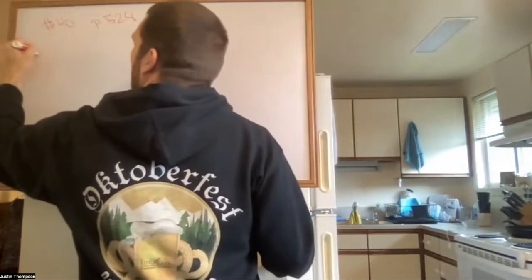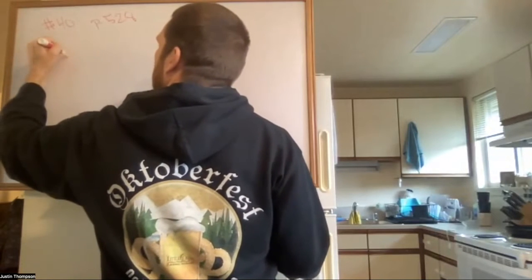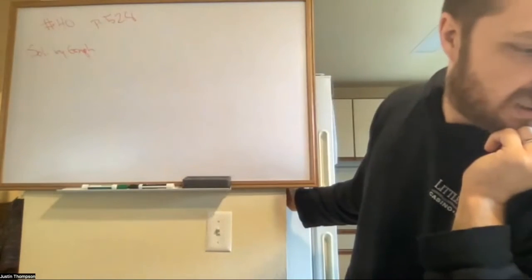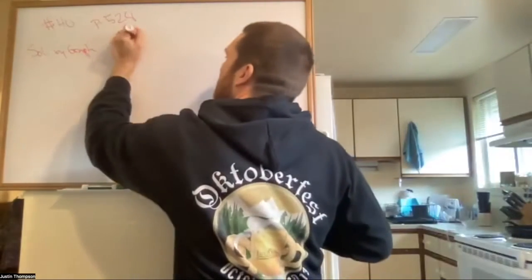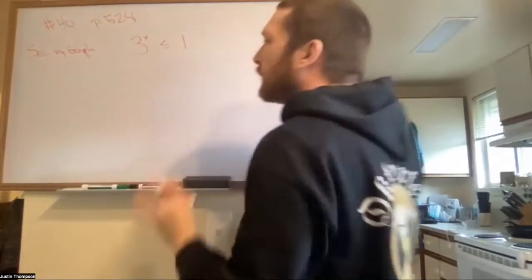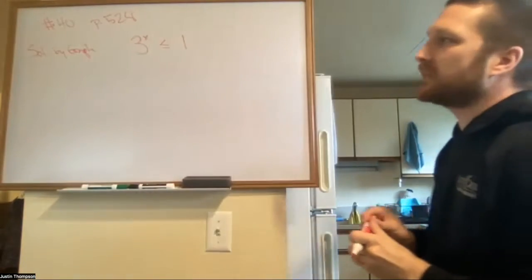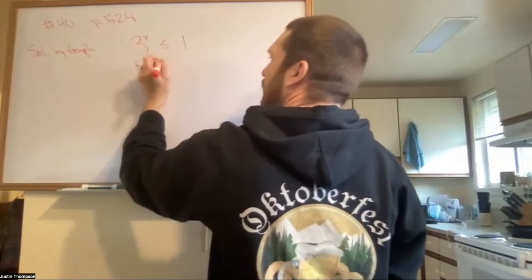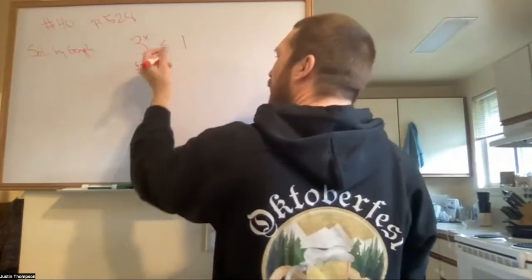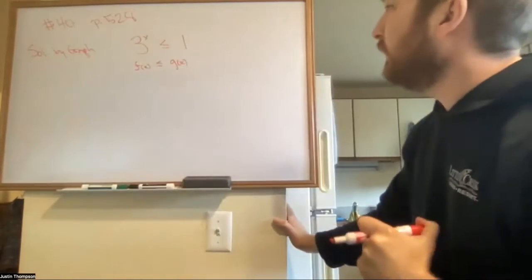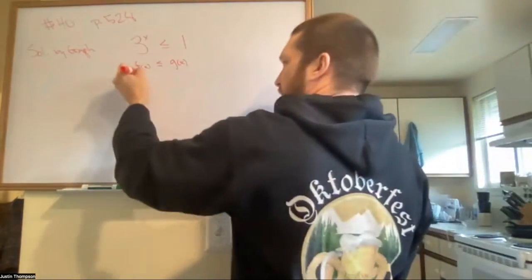It says to solve by graphing, and it gives us 3 to the x is less than or equal to 1. I'm going to do the same thing here. We have two separate functions: the function on the left, and we want to know when that is less than or equal to the function on the right. So what I'm going to do is graph both of them.